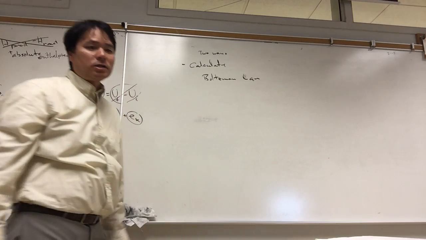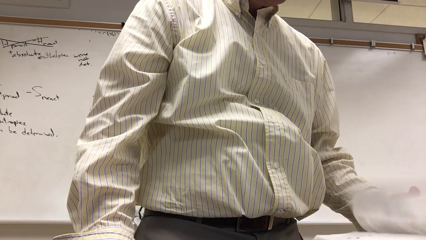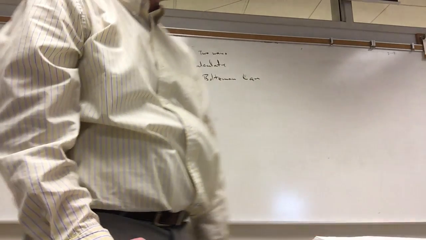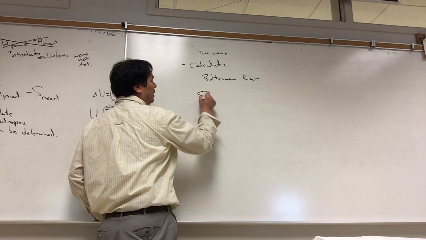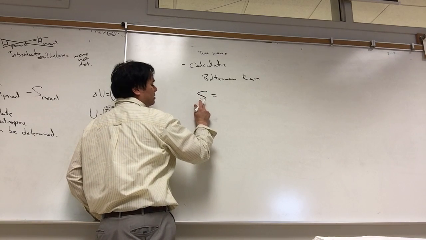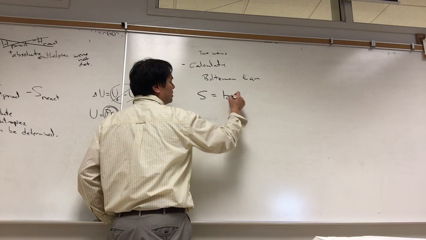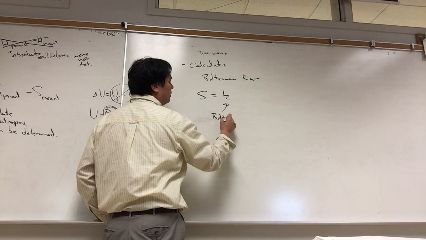The Boltzmann equation is on Boltzmann's headstone. You can see it above his head, the statue of his head. The absolute entropy is equal to k, the Boltzmann constant. This is not the rate constant. This is the Boltzmann constant, which is different.